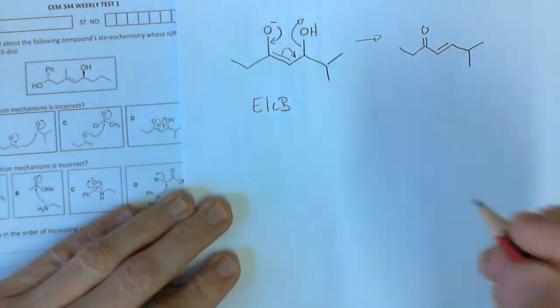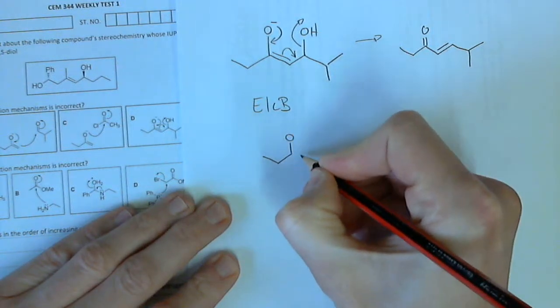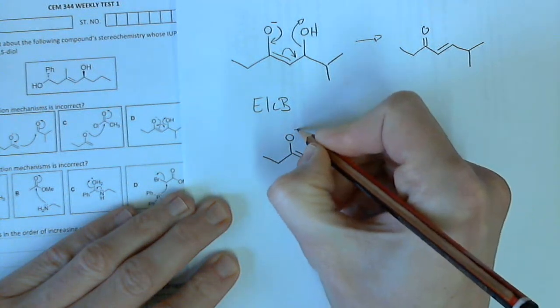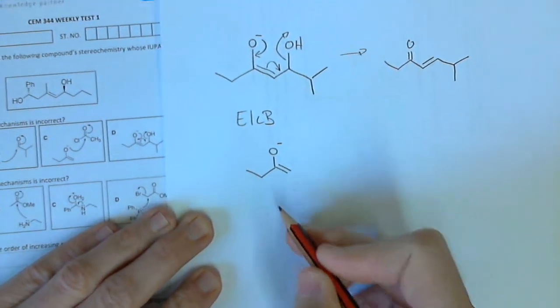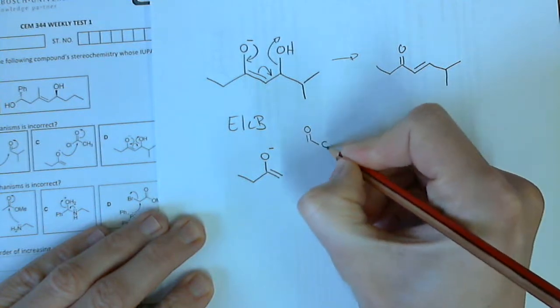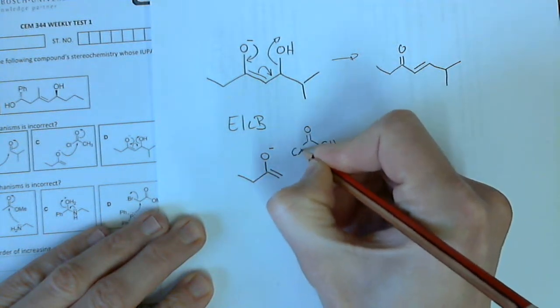Option C was related a little bit more to what we've been doing in this course, and that is taking an enolate, but the difference here is that the enolate is reacting with an acid chloride, in this case acetyl chloride.